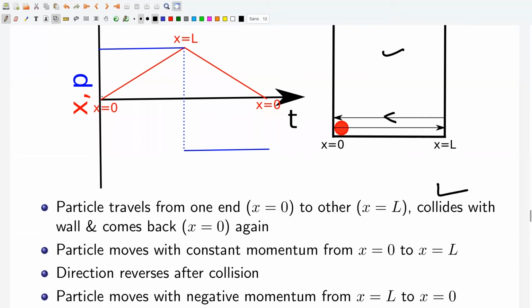So, if you plot the position of the particle as a function of time, so it goes like this. So, it moves from one end to the other and collides with the wall, and then it comes back. And if you look at the momentum, then the particle moves with constant momentum in this direction. After the collision, the direction reverses and the particle moves with negative momentum.